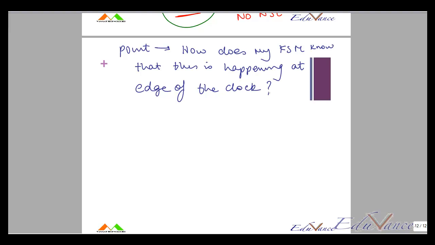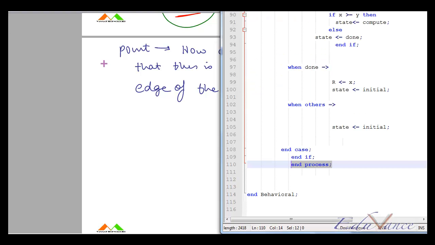How does my FSM know that this is happening at the edge of the clock? The answer is here.